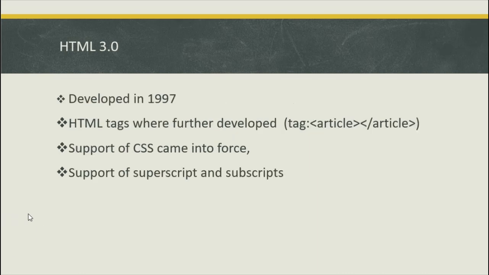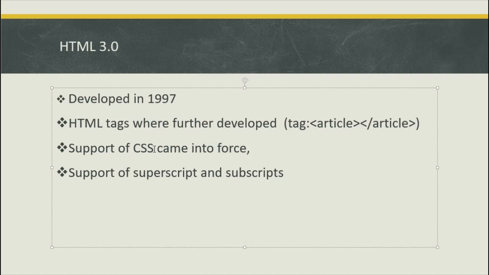Then also we move on. The technology was advancing, the language was being improved. So HTML 3.0 was developed around 1997, and HTML tags were developed further, right? For example, tags like article, main, etc. A lot of tags were developed, and also it is during this time that we see the support of CSS, and you're going to learn this. CSS stands for cascading style sheet.